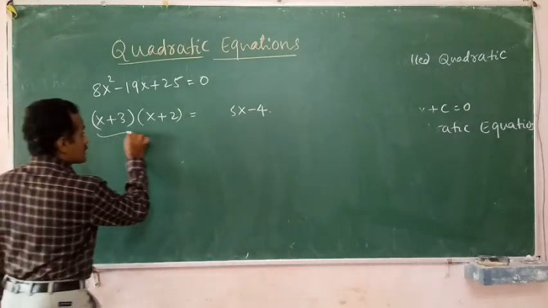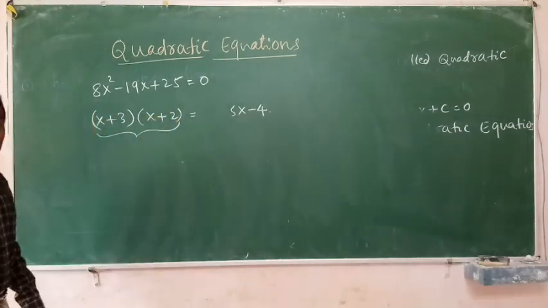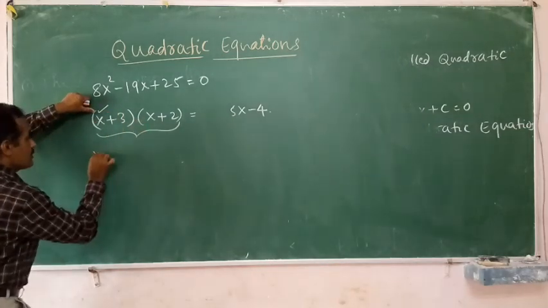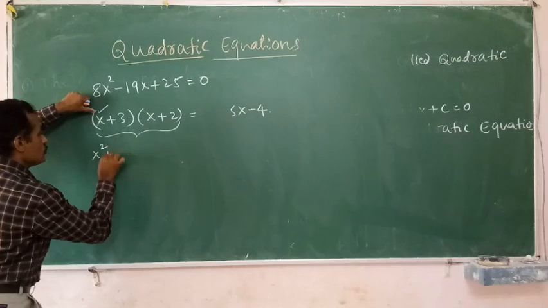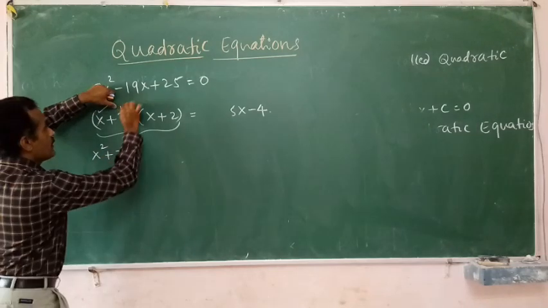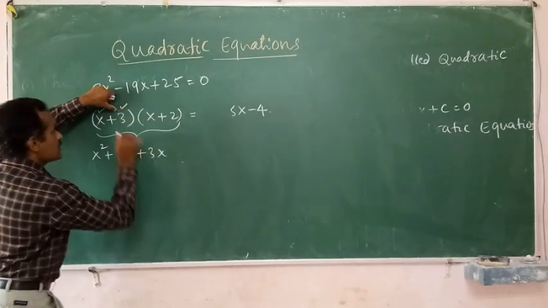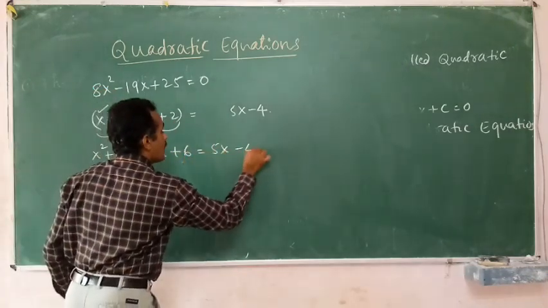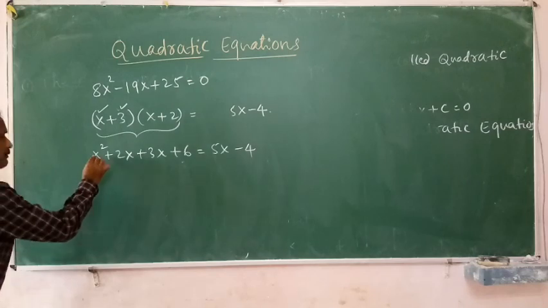What I will do? First I will simplify binomial to binomial. I will start from here: x into x, x square, x into 2, 2x. From here 3 into x, 3x, 3 into 2, 6 is equals to 5x minus 4. Let me simplify.